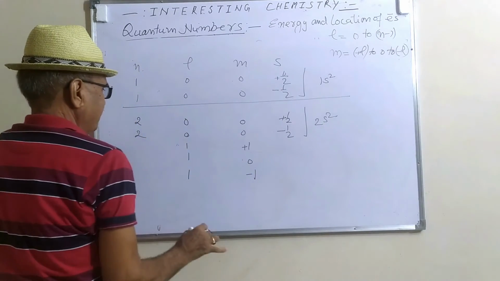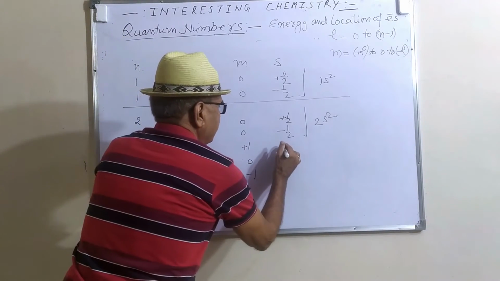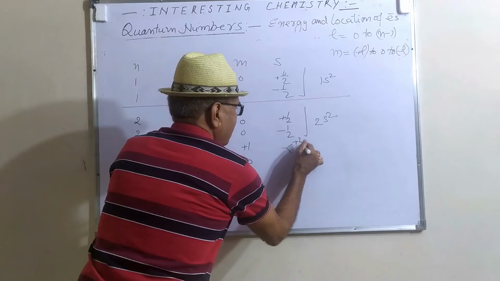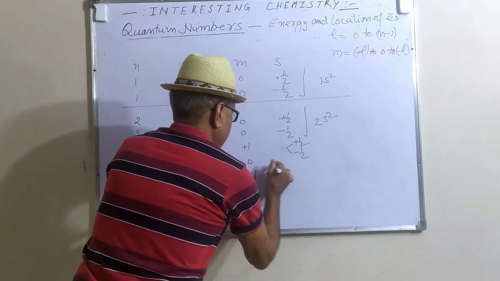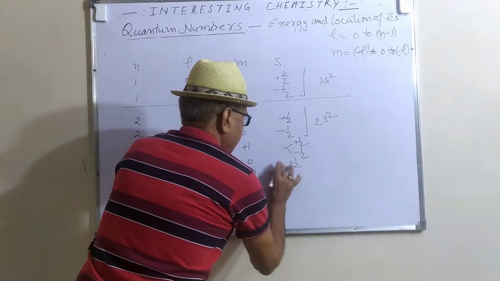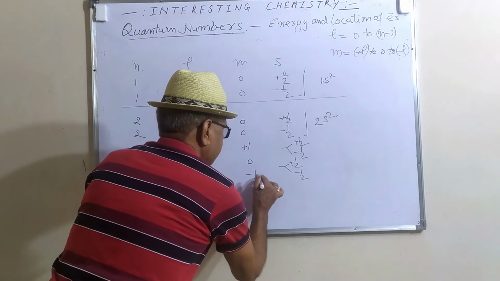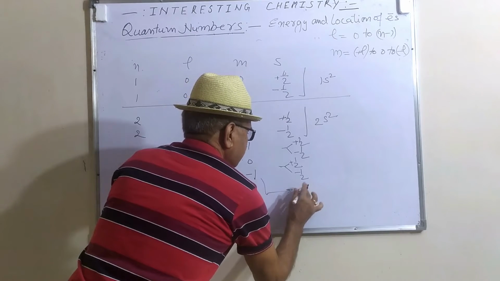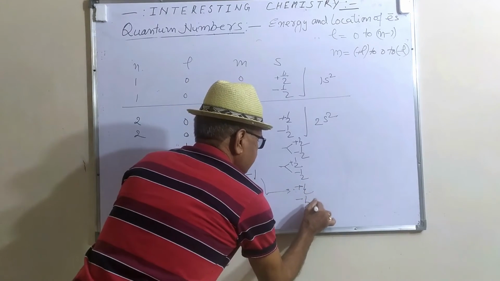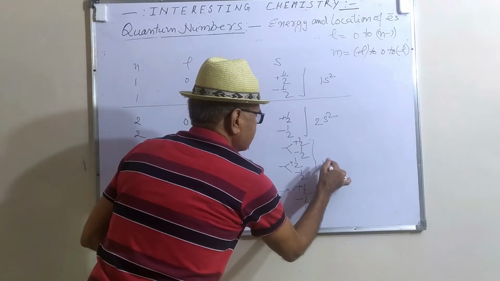This is 2p. So here you will write, for each of these values of m, plus half and minus half. In this way, this is p6.